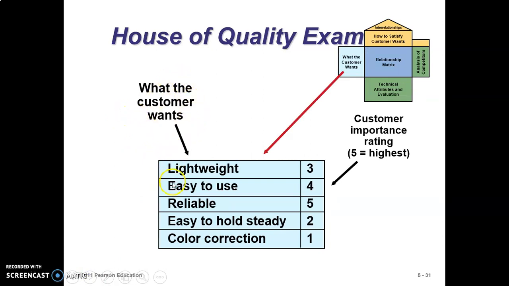So customer needs product that is lightweight, camera that is easy to use, reliable, easy to hold steady, and color corrections. Okay, these are the things that customer wants lah. The easy camera, lightweight. So the highest rating is reliable. So customer wants product that can be used for a long time.